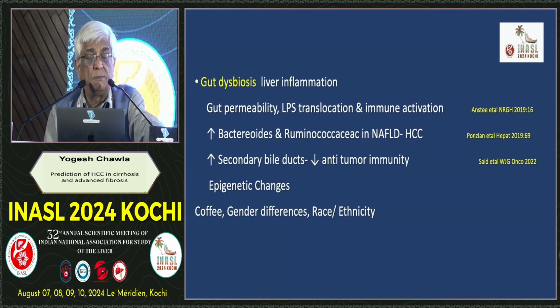Gut dysbiosis, which leads to liver inflammation, is also being extensively investigated now, as studies have shown that increased Bacteroides and Ruminococcaceae in patients with MAFLD carry an increased chance of HCC, and increased secondary bile acids decrease anti-tumor immunity.